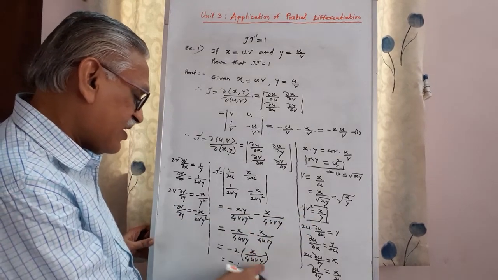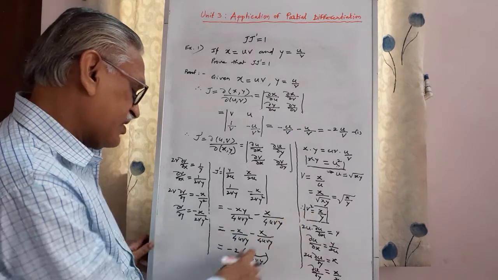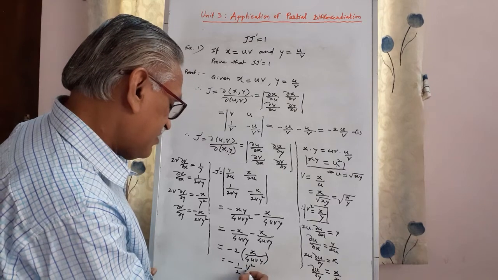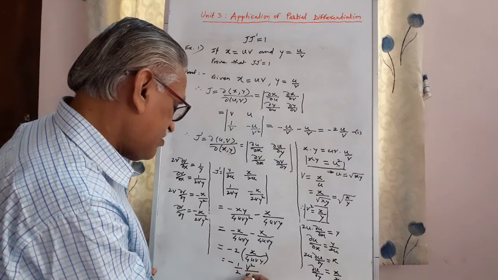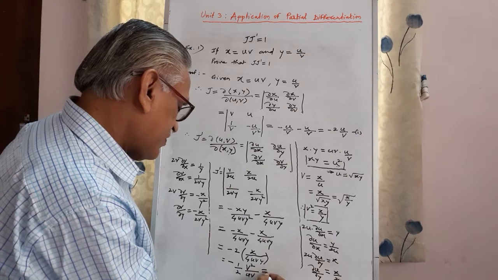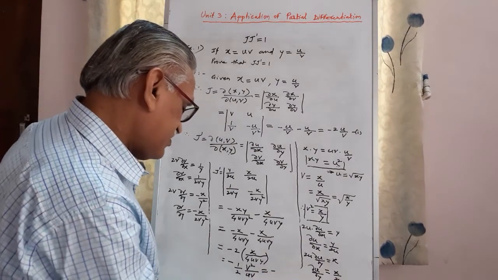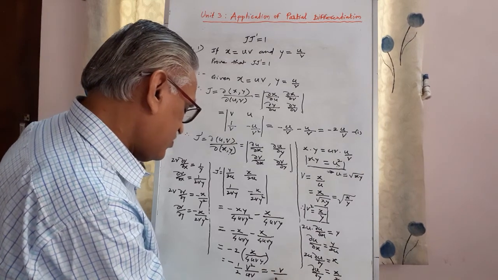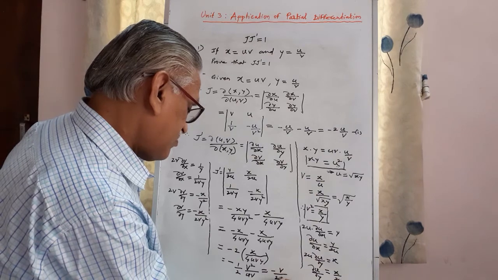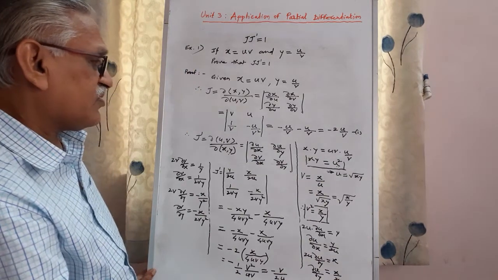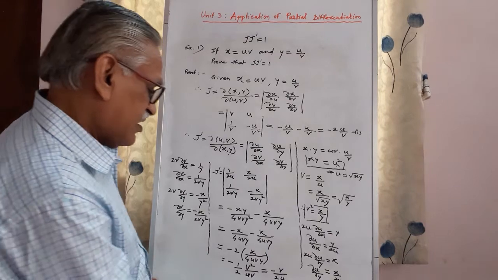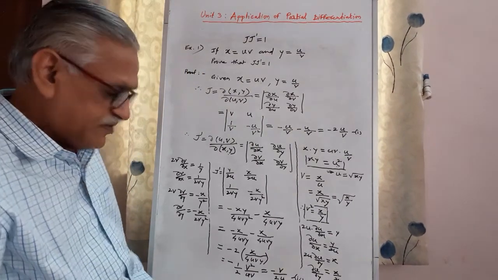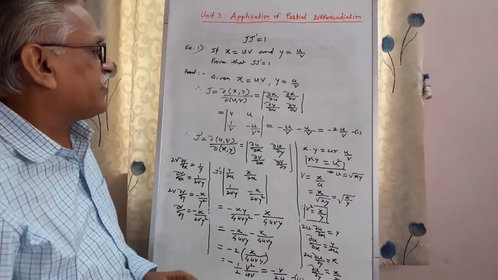Therefore, that value of x by y I will replace by v square here, and therefore it is v square divided by uv, and if you simplify it, it is minus v upon 2u, equation number 2. That is the expression for J dash.